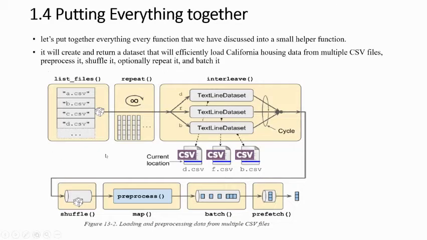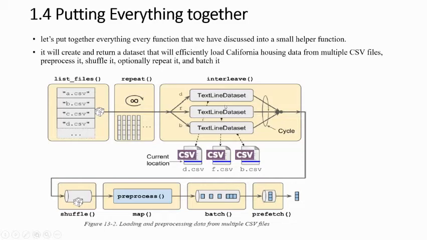The very first thing that we are doing with the dataset is that we are going to generate multiple CSVs for different sets, that is a training set, validation set, or a test set. So the list files is a dataset which contains the multiple CSVs. This list files, we are repeating and then passing on to an interleave method.